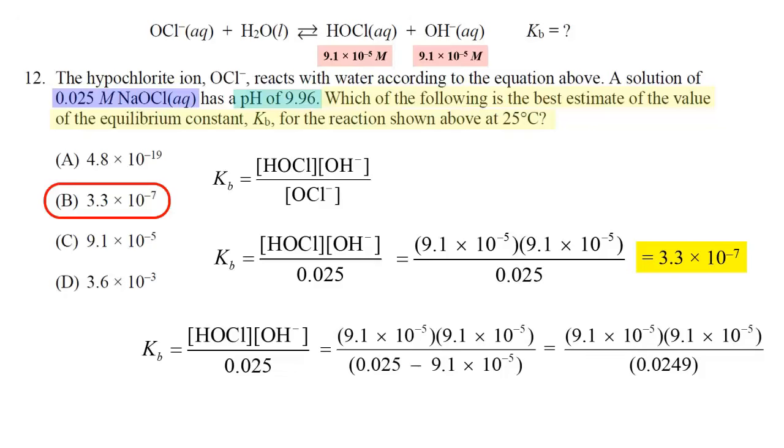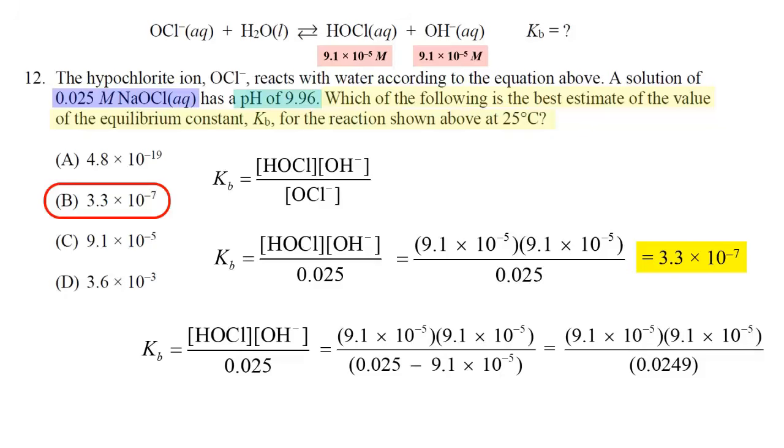You will notice in some problems I had mentioned we can make that simplifying assumption that the minus x portion in the denominator of the Ka or the Kb can be ignored to make the math easier. But in this example, I know what the value is. So I went ahead and did the math to prove to you that there really was not a significant change in the value of my denominator. 0.025 minus the 9.1 times 10 to the negative 5, which is now a known value, I got 0.0249 in my denominator.